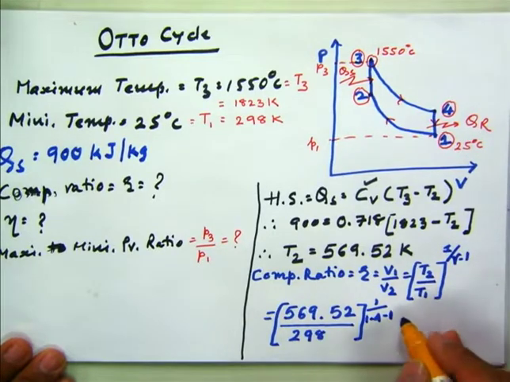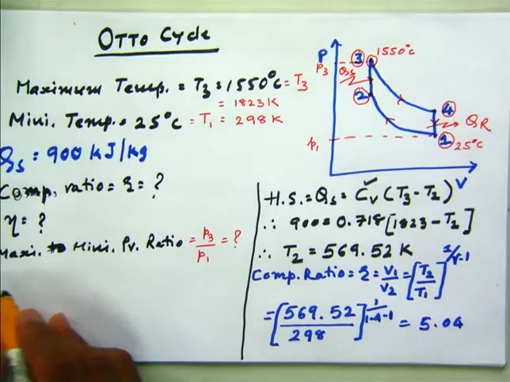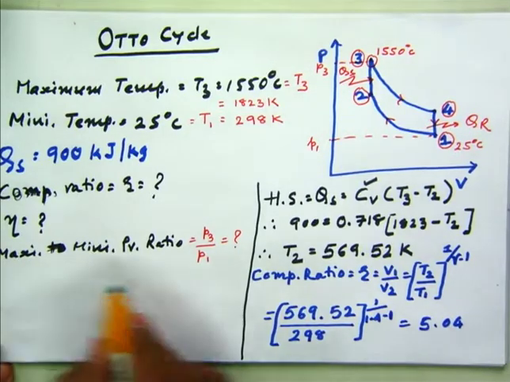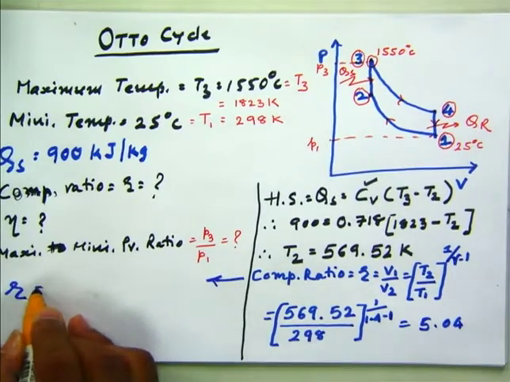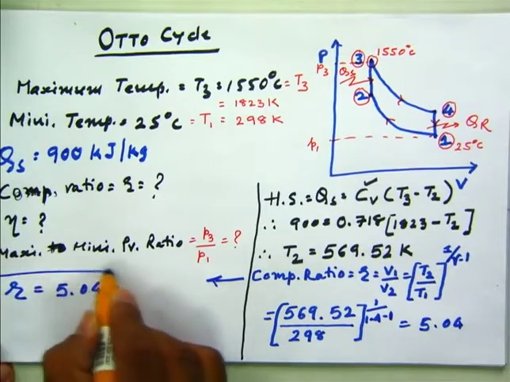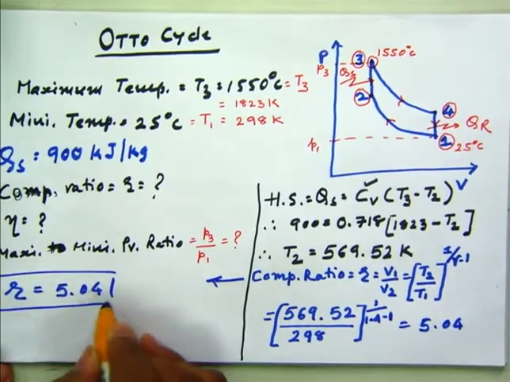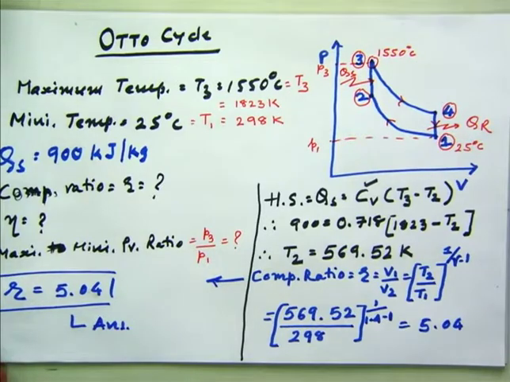This gives you 5.04. So your first answer, the compression ratio R, is 5.04.